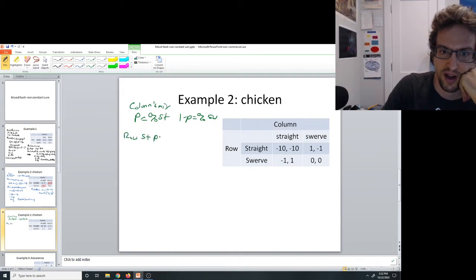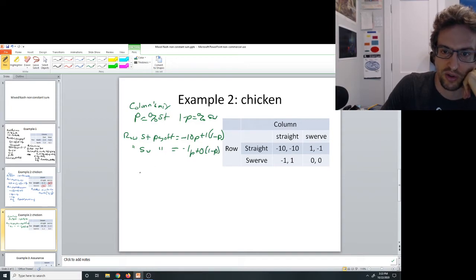So row's straight payoff equals -10 times P plus 1 times 1 minus P. Okay. And for swerve payoff, it's going to be -1P plus 0 times 1 minus P.